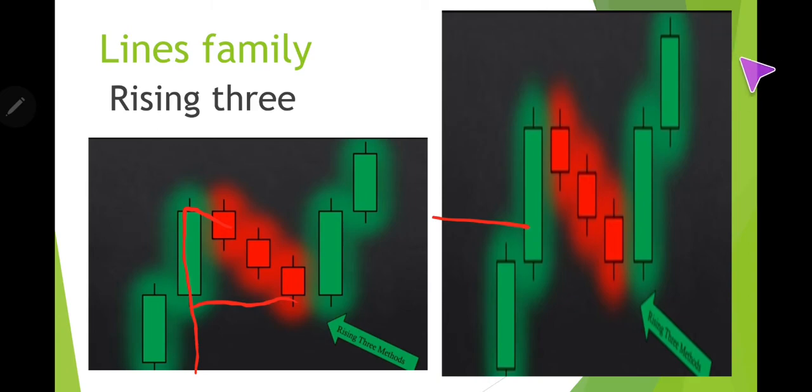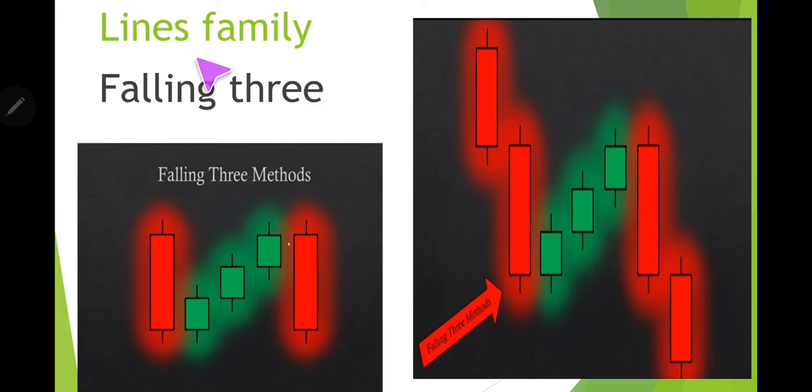And then the falling 3 is the mirror image of what I spoke about. You find that in the middle of a downtrend, you get a series of candles going up, but without taking the high of that candle. And after that, the downward movement continues like this.